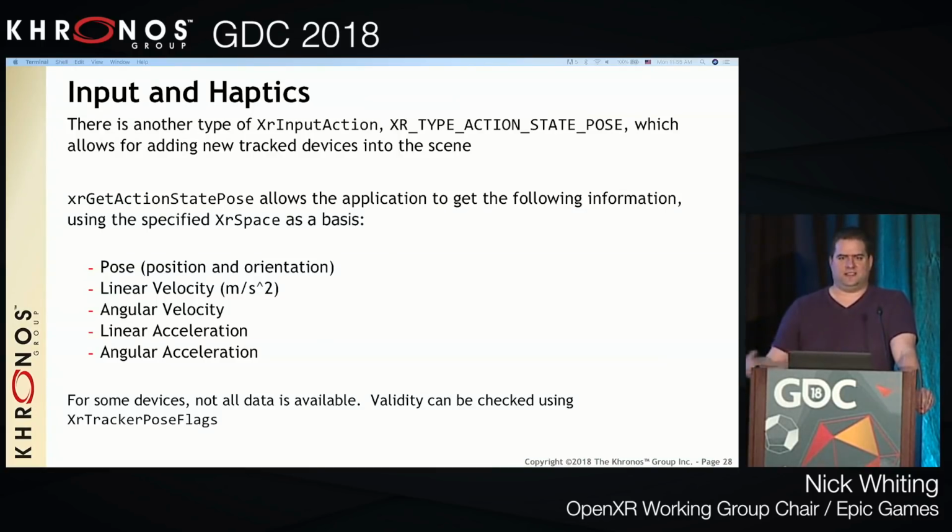You can pull these in the same place you pull all the other input actions by calling XR get action state pose. And then it passes back a flag to say, hey, these are the parameters for it, but this controller is only 3 DOF, so it doesn't really support a position bit, for instance. Again, this is really designed to be generic and flexible so that as new devices come on, you can map them into the runtime pretty naturally.